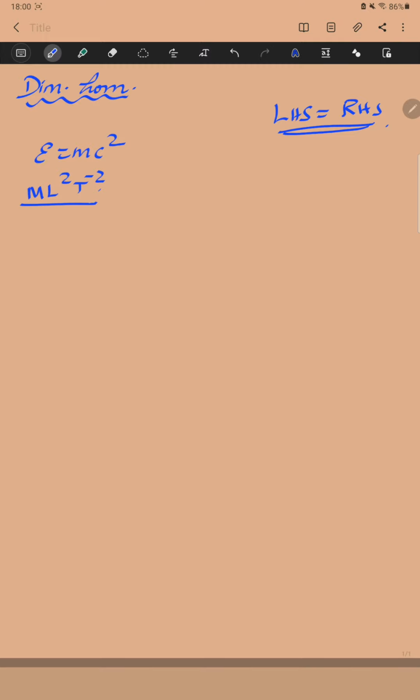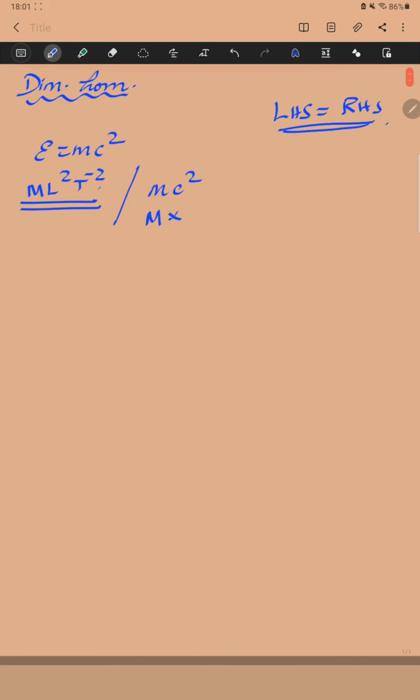Yeah, so let us see if this is the same dimension we get for the right hand side of the equation. So it is m c square. M is M for mass, velocity is L t power minus 1 whole square, which is M L square t power minus 2.